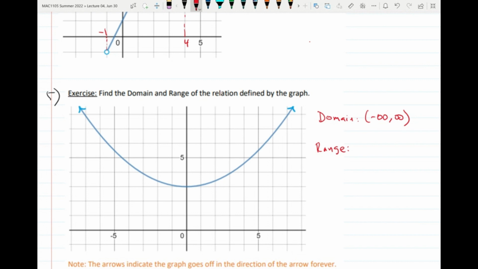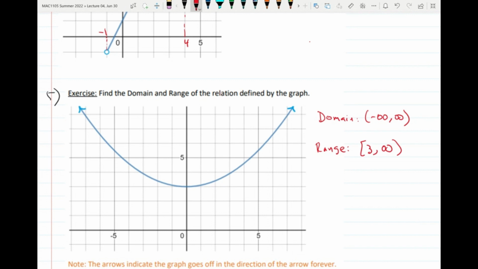You understand this? Remember, this keeps going up both ways. So there's nothing going on down here. So the y's down here, they're not good, but starting at 3, everything else is taken care of by this graph. Okay, so that would be 3 with bracket, comma, infinity. Or y greater than or equal to 3, if you want to write it with inequality. Okay, questions?